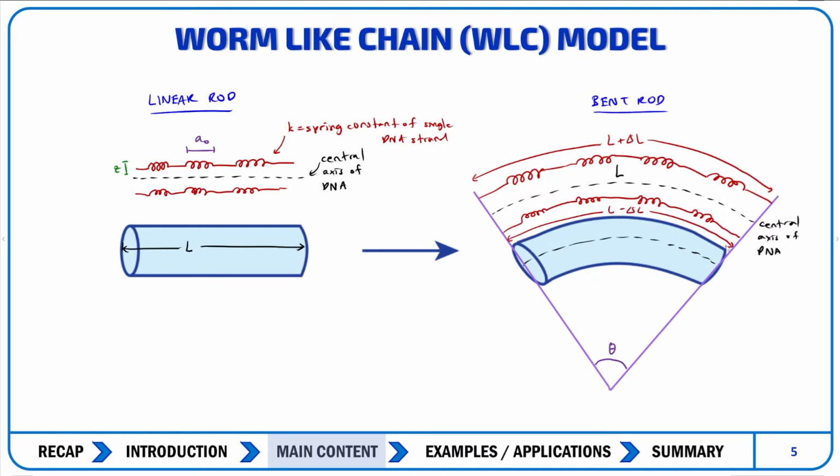So the assumption is that whatever change in length takes place up top, which is the amount that it has been stretched, is the amount that has been compressed for the bottom strand. The other thing to note is this is some sort of radius that we can refer to as well. And that's about it.